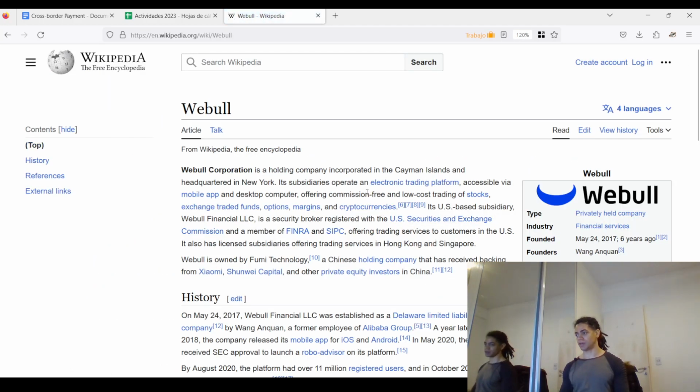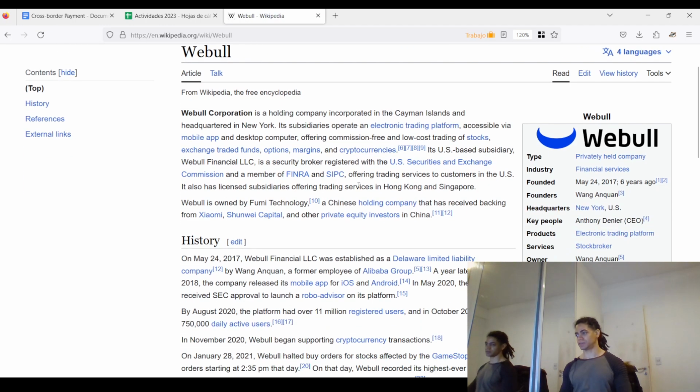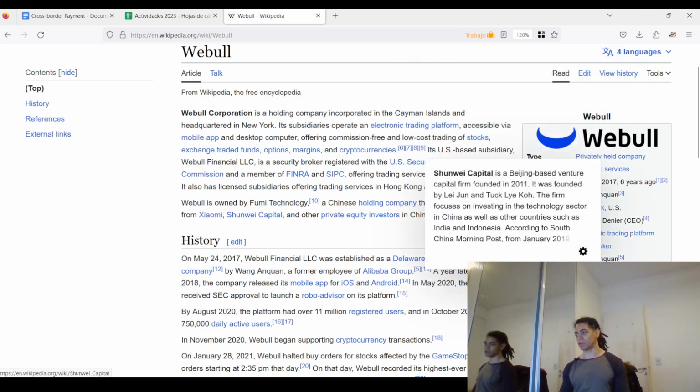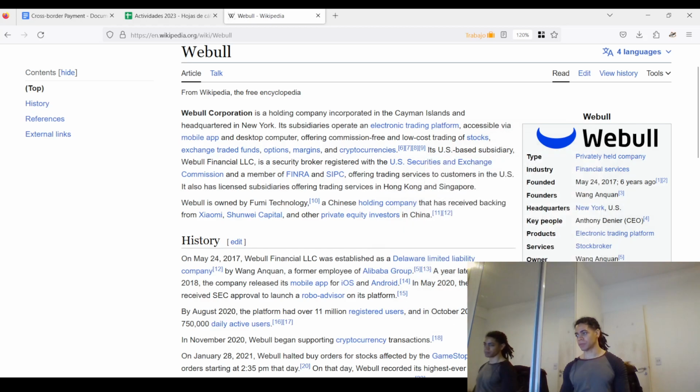Privately held company. Financial service. Owners: One Aquan, Xiaomi, Songwen Capital, Hondan Capital, Bayon Capital, Gopher Asset Management.